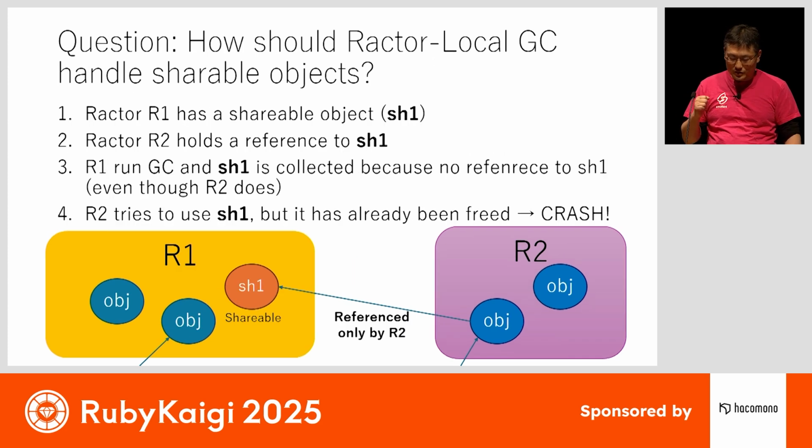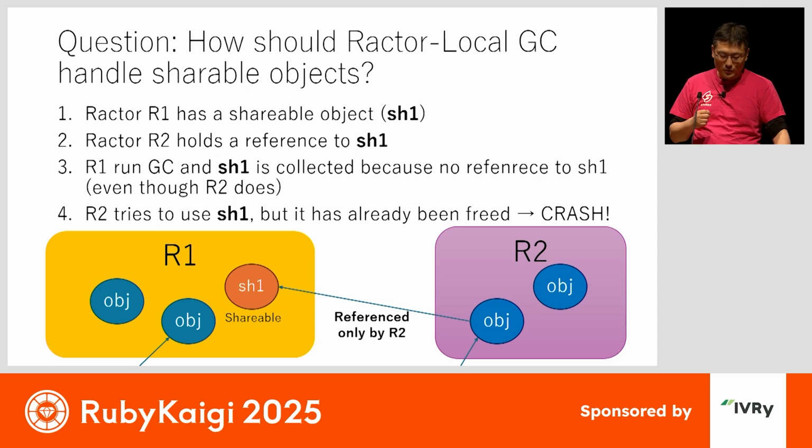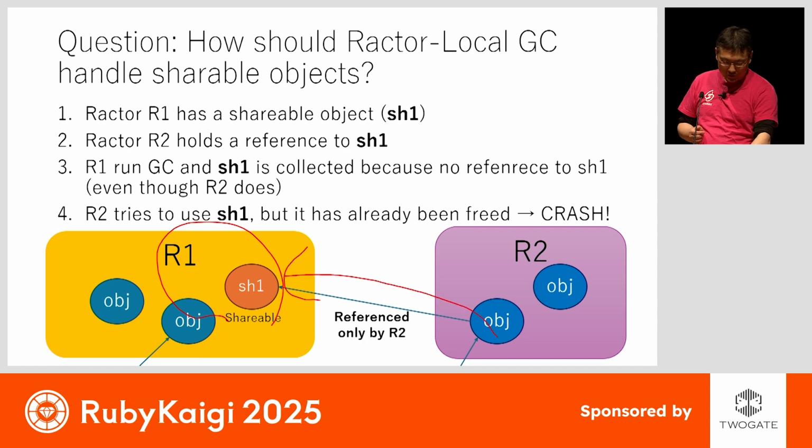Now here is a key question. If we allow each Ractor to run garbage collection independently, how should we deal with shareable objects? Let's walk through this simple example. Step 1, Ractor R1 owns a shareable object here. Second, Ractor 2, R2, has a reference to the SH1 object.